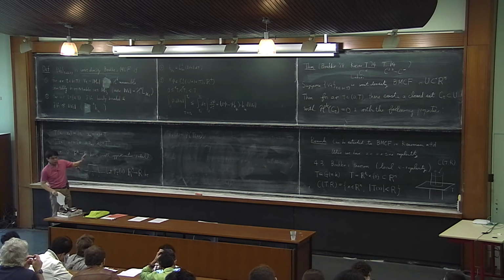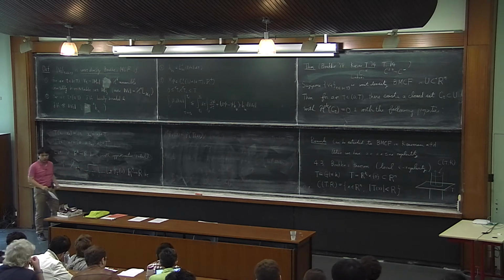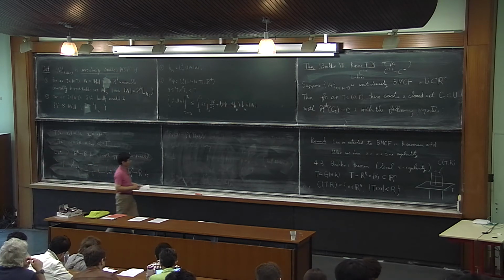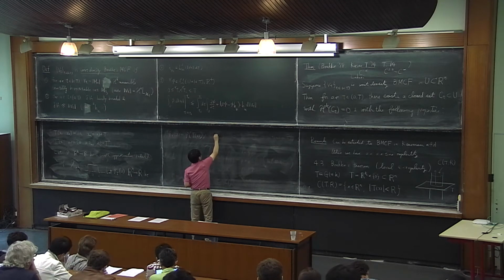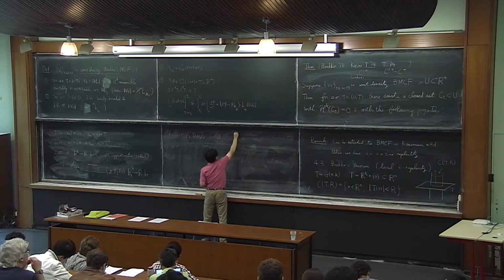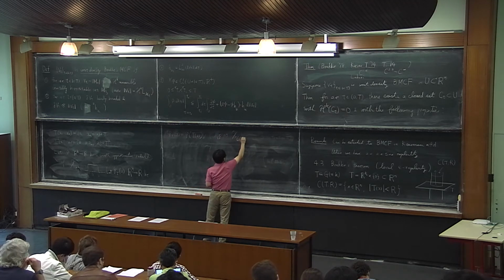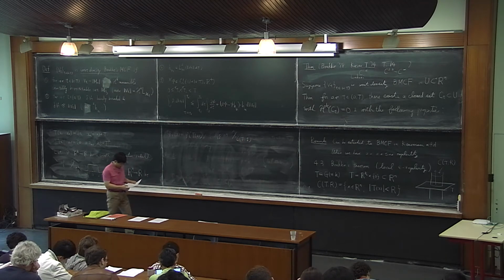So you project to T and then plug into phi. By definition, this is an approximation of the characteristic function of this cylinder, if you think about it. That's what we need.